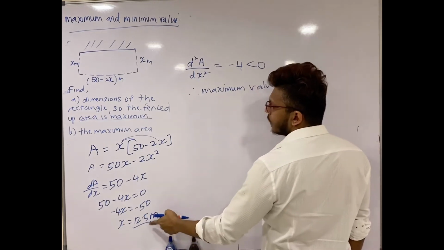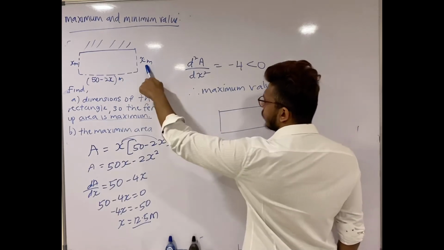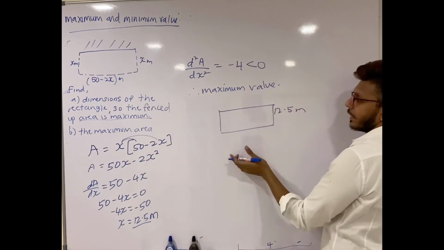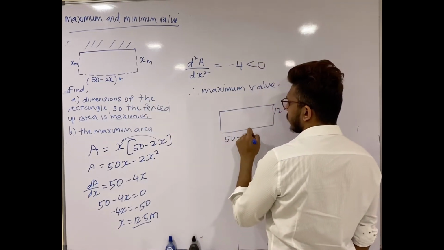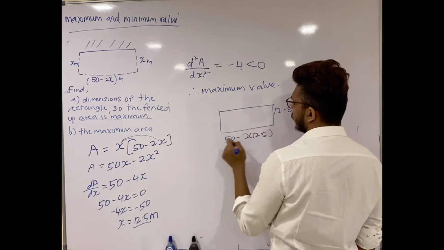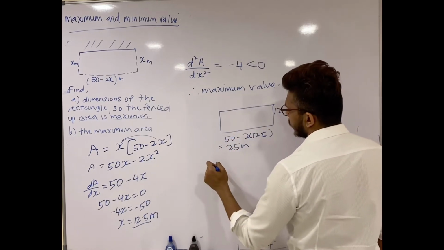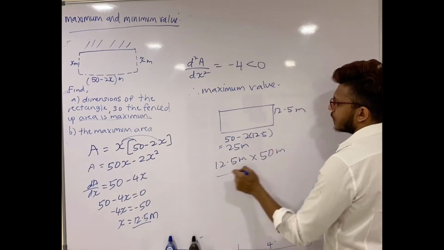Now that we know this is the maximum value, I'll redraw and substitute the values into this. So x is going to be 12.5 meters. These are the dimensions. 50 minus 2 times 12.5, how much do you get? 25 meters. So the dimensions are 12.5 meters times 25 meters.